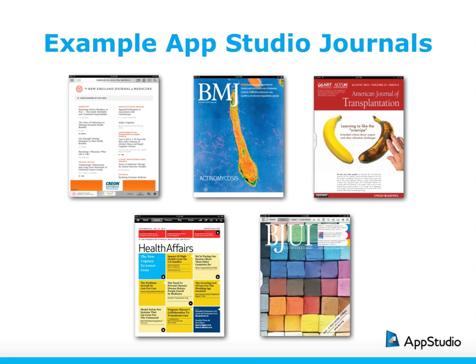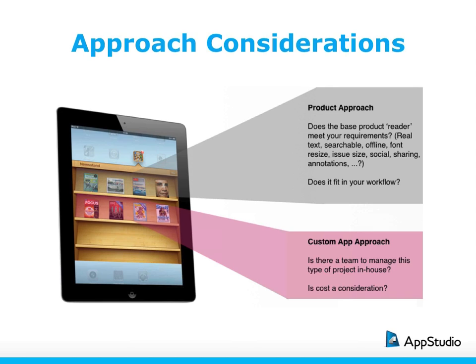So a couple of approaches to consider when you are thinking about developing something. The first one is, should you be creating something from scratch with a custom application, or should you be using a third-party vendor that may have a product that can help you get to market a little faster? There are pros and cons to both.